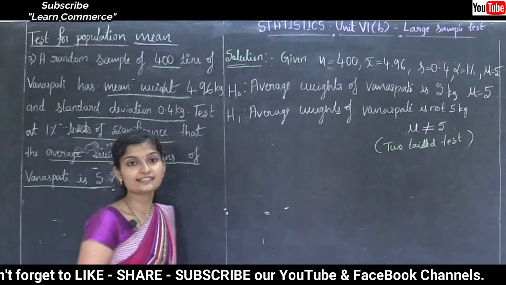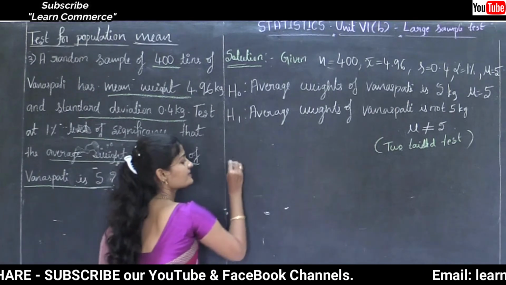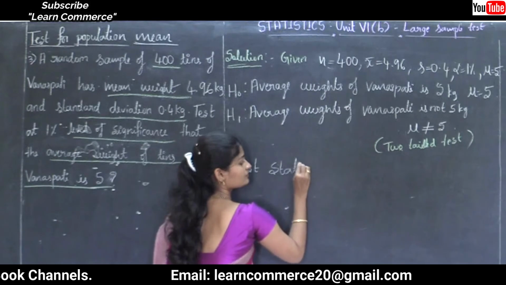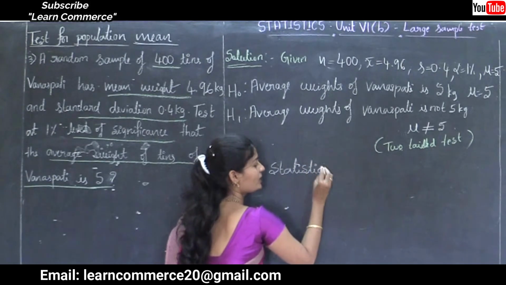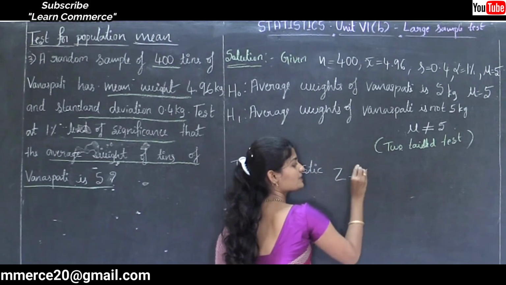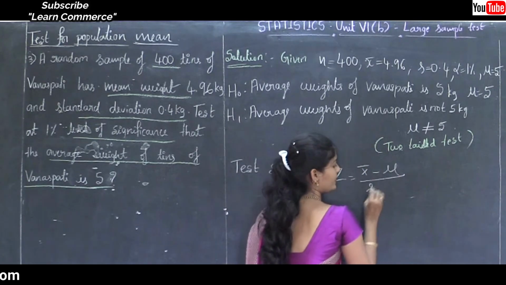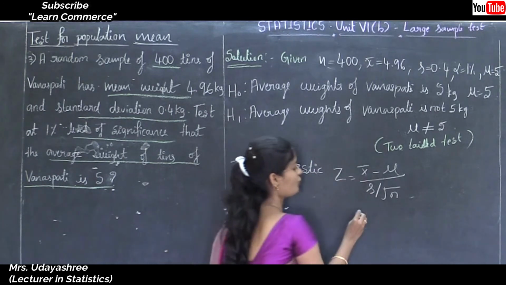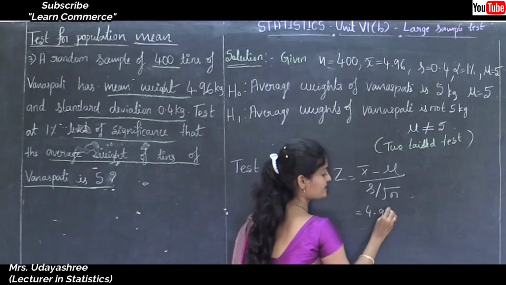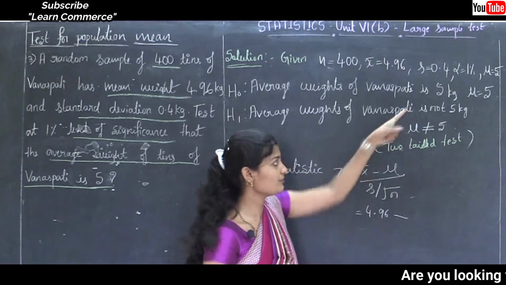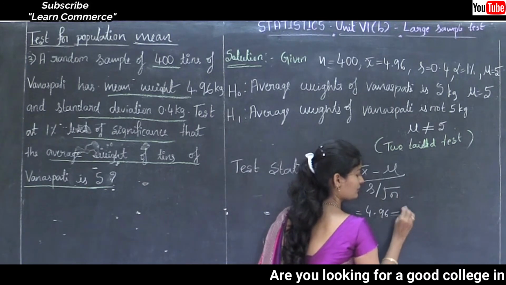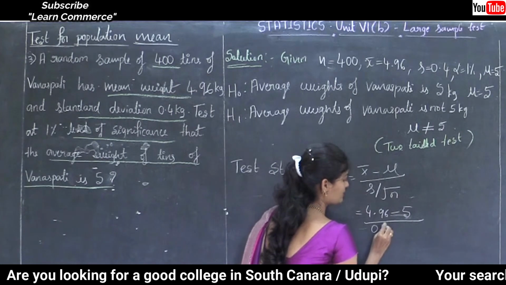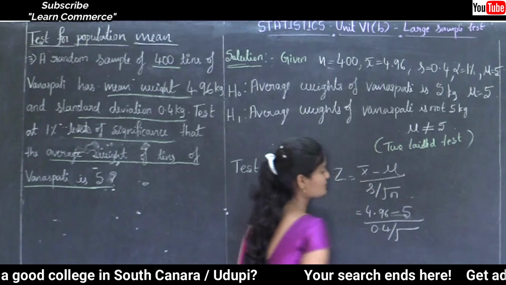Okay, now next let's see step 3. Step 3 is test statistics. So that formula is Z is equal to x bar minus mu divided by S divided by square root of n. See here x bar is 4.96 minus mu. See mu is 5, divided by small letter s, that is 0.4, and divided by square root of n.